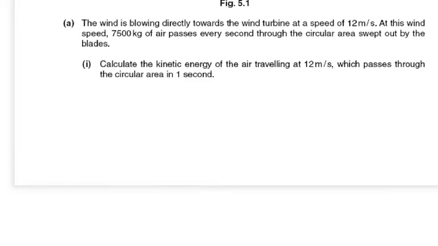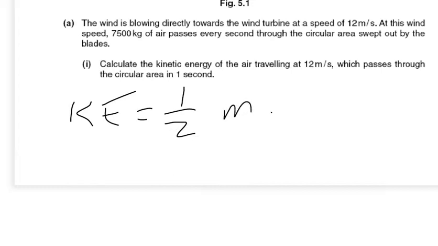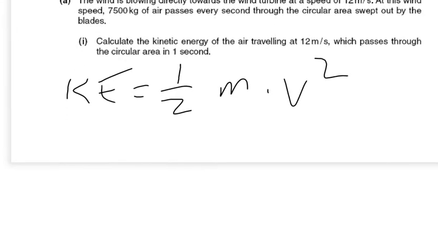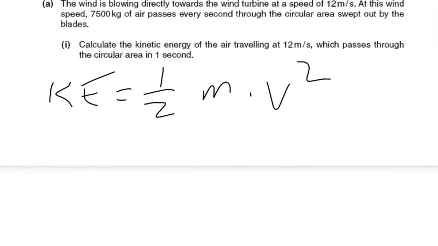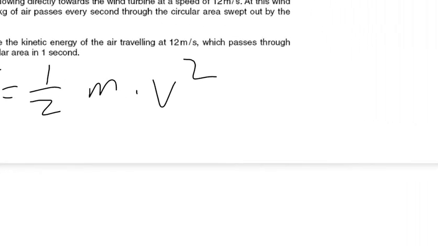So what's our formula? We have KE is 1/2 mass times velocity squared. Let me scoot over. I'm going to put mass here, and velocity; these are givens.